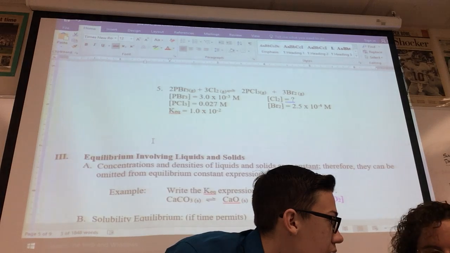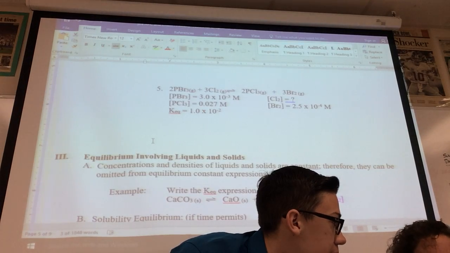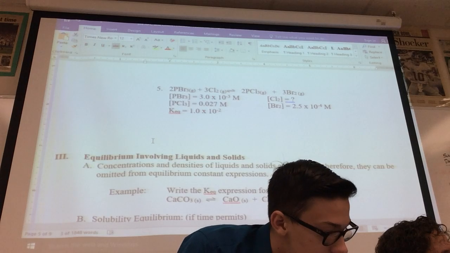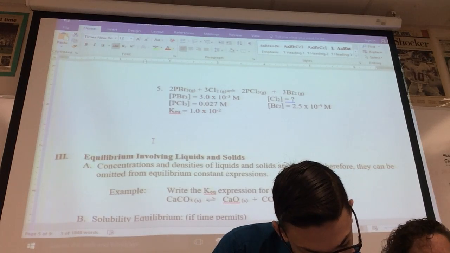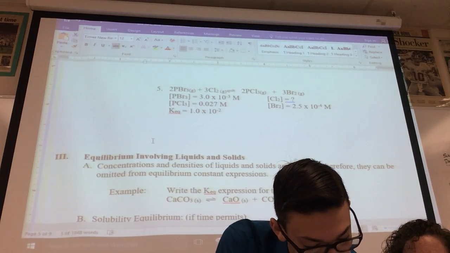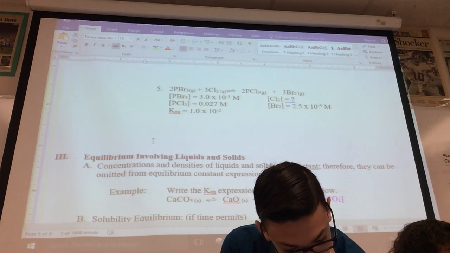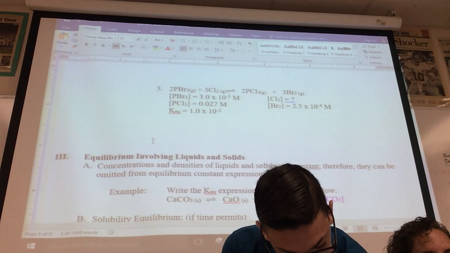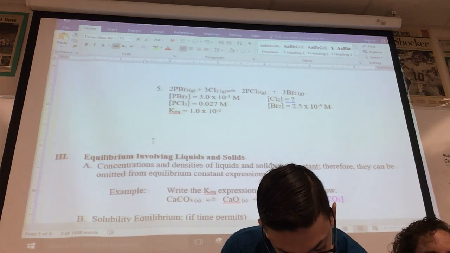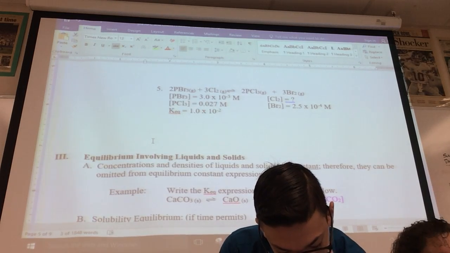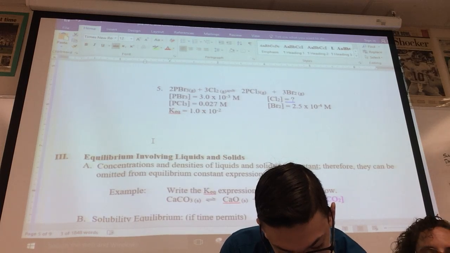You didn't square that phosphorus bromide. I squared it there, I didn't square it here. That's what I did wrong. Let me see if I get it now. Decimal place. This is 1. Oh, 2.5.